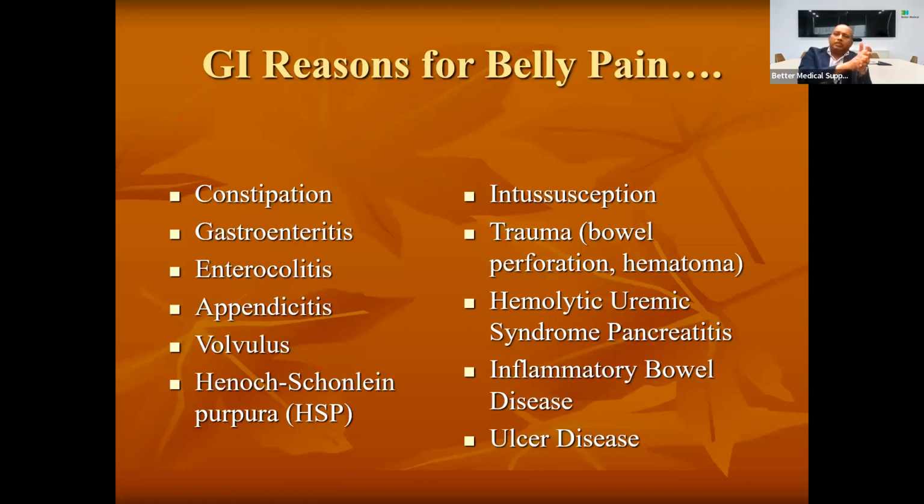Among the non-surgical, non-emergencies, almost 60% of presentations are constipation. Then we are talking about food intolerance and inflammatory bowel disorders, more in the lower abdomen. Perforation, I've had only one case in maybe the last 5 years. Sometimes testicular pain presents with abdominal pain.